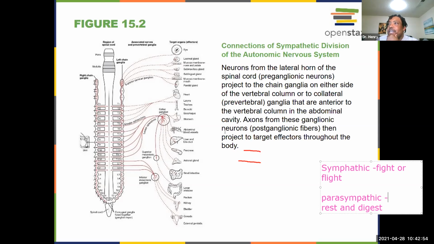So if we take a look, we have neurons that are going to be on the lateral horn of the spinal cord. They're going to project to the chain ganglia on the other side of the vertebral column, or they're going to be projected to the collateral ganglia on the anterior vertebral column in the abdominal cavity.